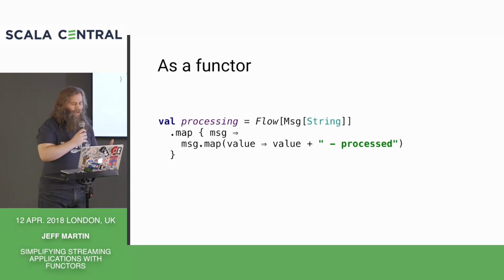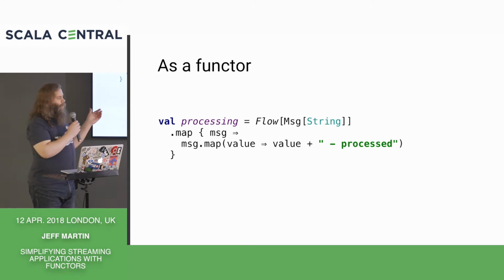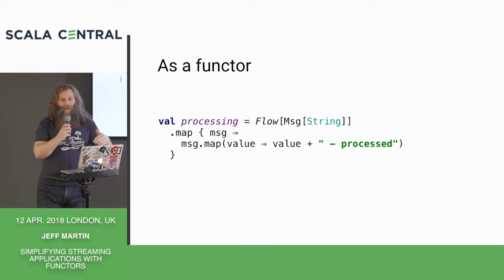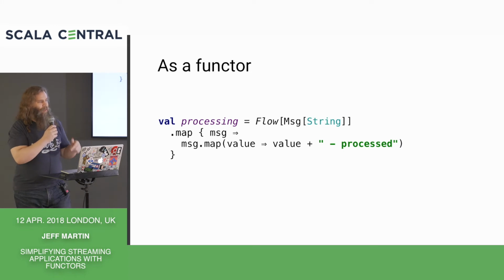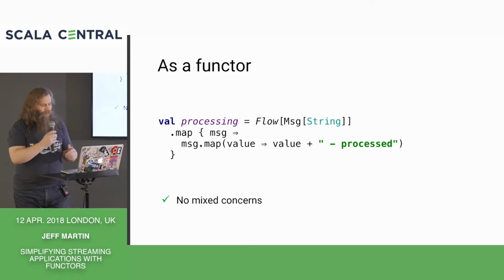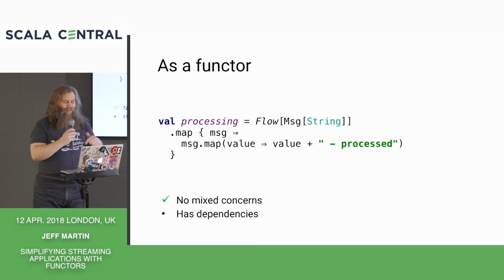So if we now look at our flow again, we can see we've got our message of type string coming in, and then we're just mapping the value. So we no longer have access to the metadata. We no longer have access to the offset and the tracking. So this is a bit nicer. We don't have the mix of concerns, but we still have the dependencies.